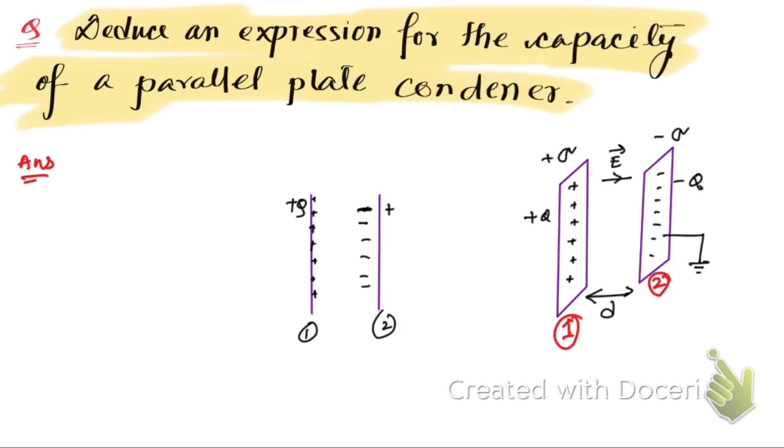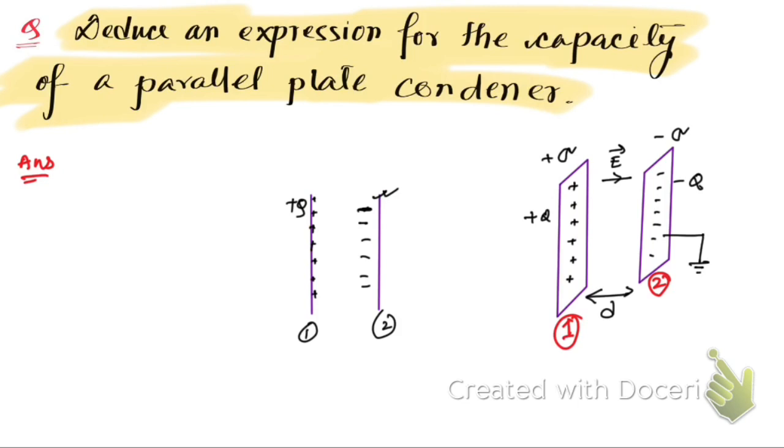On the other side there will be positive charge, and to neutralize it, this plate is grounded, and as a result electrons come up to neutralize these positive charges, and that's why this plate becomes negative. So when it is grounded, this plate becomes negatively charged.